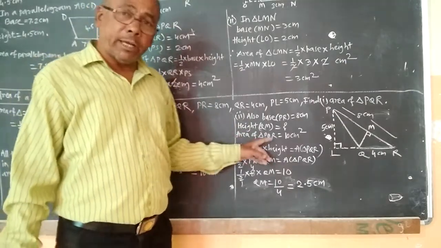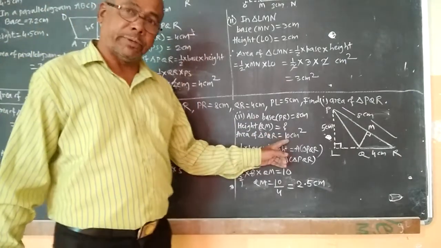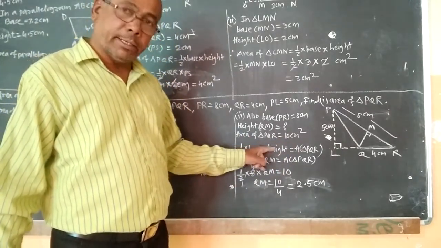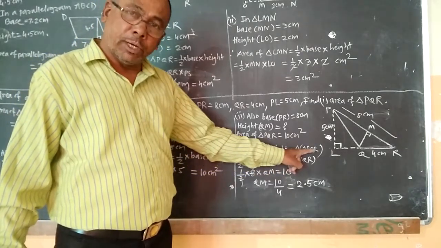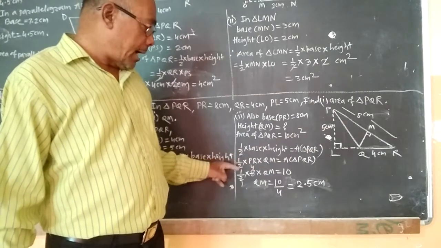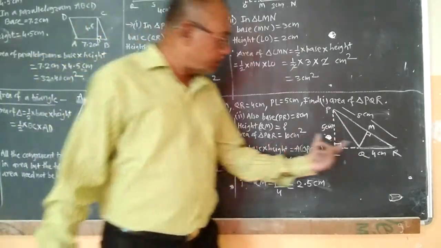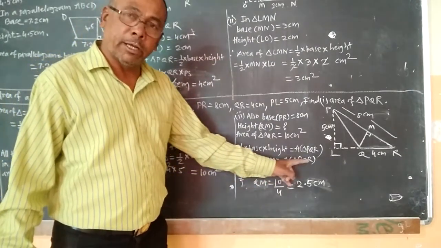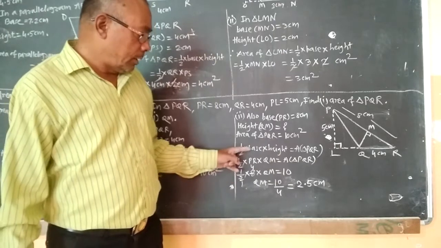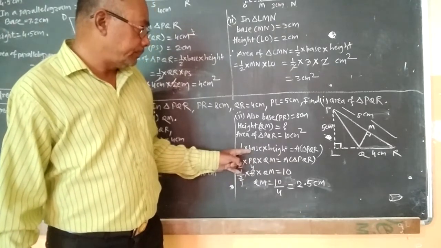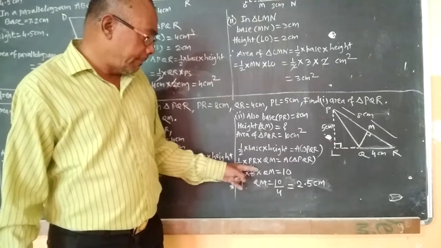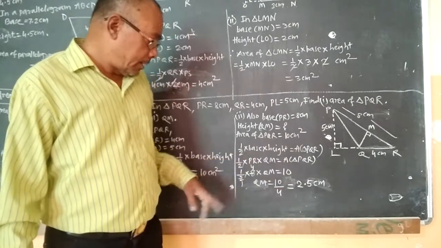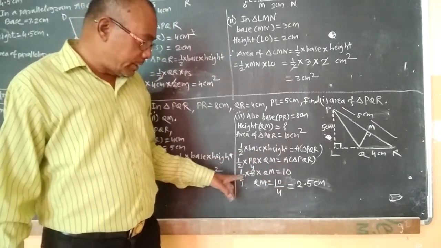Now the area of the triangle we have found just now, that is 10 centimeter square, and substituting, 1/2 into base into height is equal to the area of triangle PQR. So 1/2 into PR, which is 8 centimeter, into QM, which we don't know, is equal to 10. Now dividing 8 by 2 we get 4.